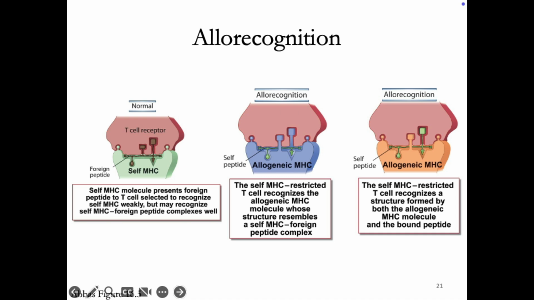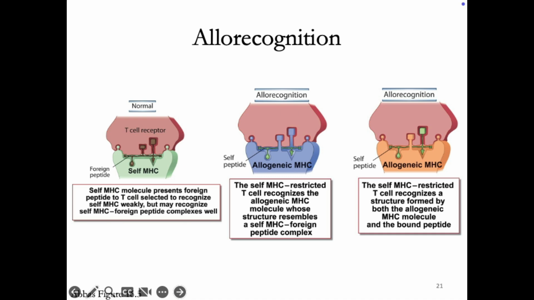There are two ways we think about allorecognition to happen. I've actually kind of been describing one of them right now. And I've kind of been focusing on that one because that's the one that people's brains have a slightly harder time with. I think the other one's a little more straightforward. But know that there's sort of two things going on here.